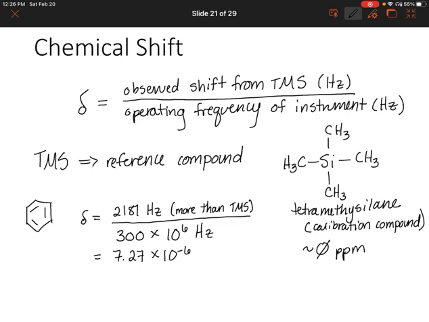Great. Now, this will be different on a different instrument. So let's say instead of a 300 megahertz instrument, we use a 60 megahertz instrument. Now, in that instrument, benzene is going to absorb a radio frequency that is 436 hertz larger than TMS.